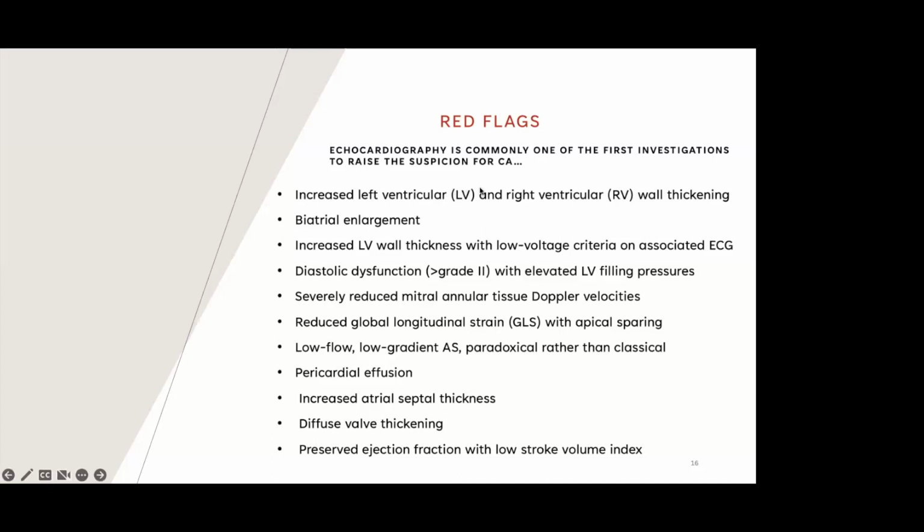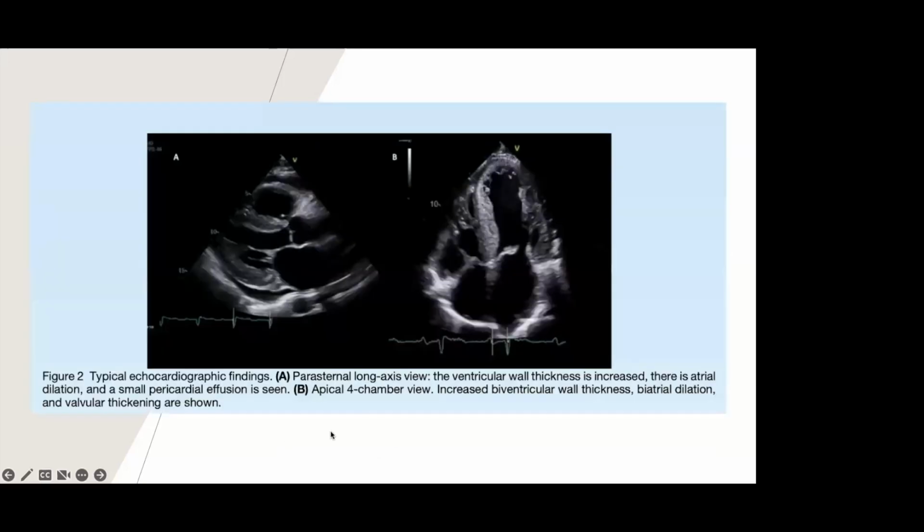So we spoke about our biventricular wall thickening, biatrial enlargement, increased LV wall thickness with low voltage criteria on associated ECG, diastolic dysfunction and elevated left ventricular filling pressures, reduced mitral annular tissue Doppler velocities, reduced GLS, global longitudinal strain, with an apical sparing pattern, low flow, low gradient aortic stenosis, pericardial effusion, increased atrial septal thickness, diffuse valve thickening, and a preserved ejection fraction with a low stroke volume.